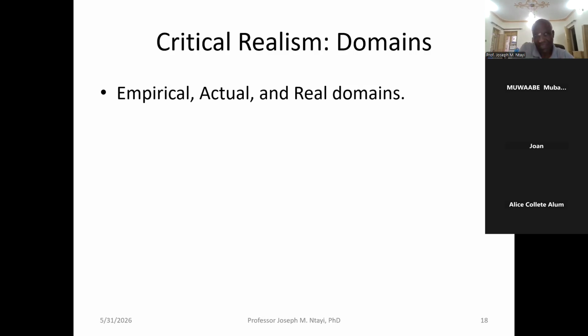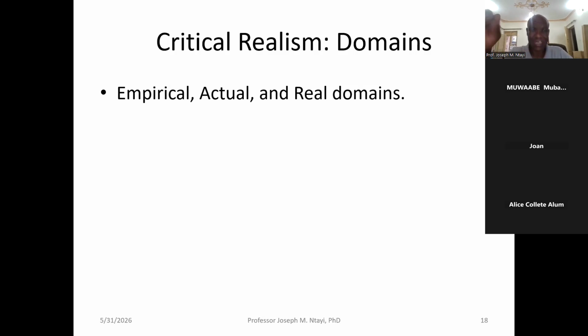So there are those issues within there that will cause that kind of event to manifest. And those are the underlying causal mechanisms, and those are the real domains.